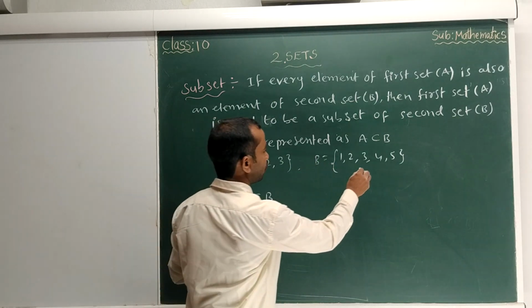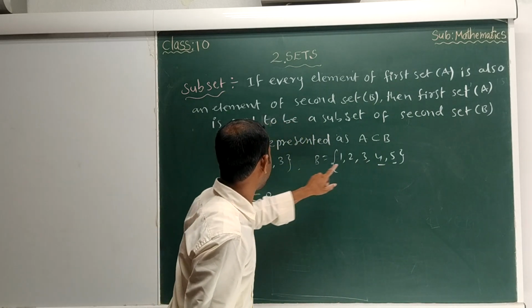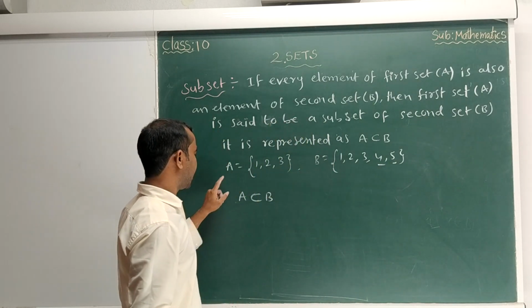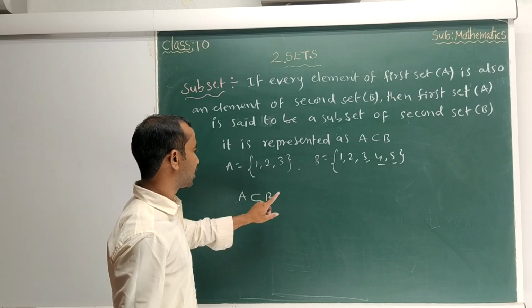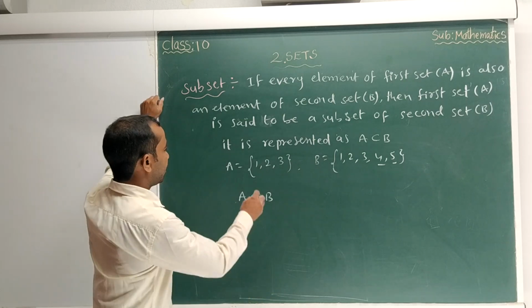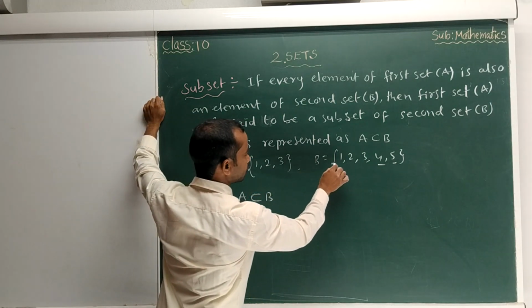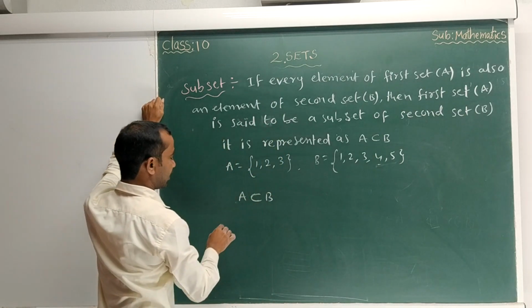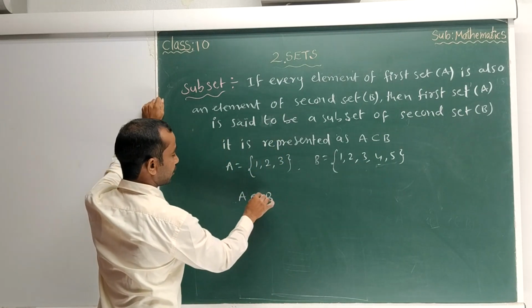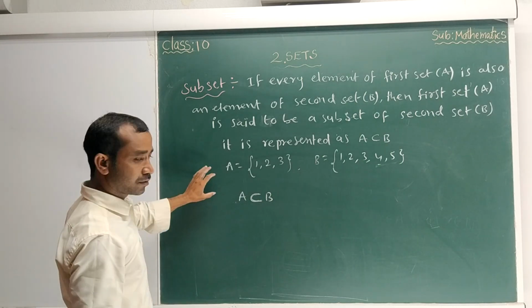Because here 4 and 5 belong to set B, but do not belong to set A. So A is a subset of B, but B is not a subset of A. Each and every element of set A also belongs to set B, then it is called A is a subset of B. Okay, this is the subset definition.